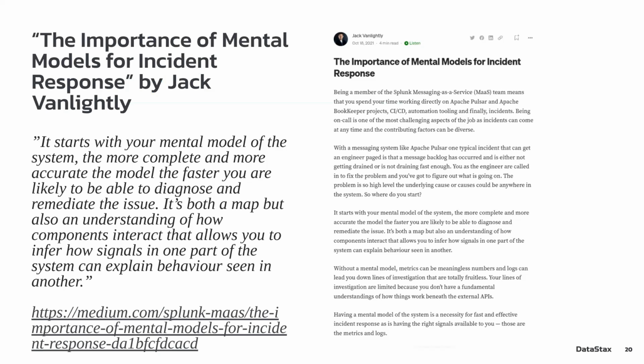It's both a map, but also an understanding of how components interact that allows you to infer how signals in one part of the system can explain behavior seen in another. In Jack's blog post, he had this aspect of using these mental models for incident response, but likewise, these are important for performance tuning and in understanding what are the bottlenecks in your system which you are trying to eliminate.